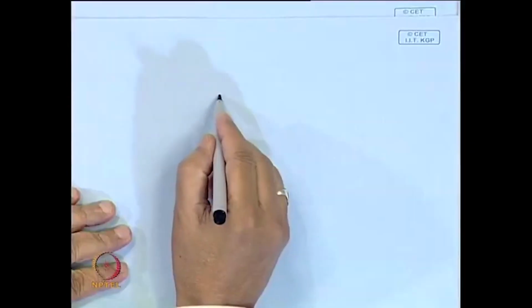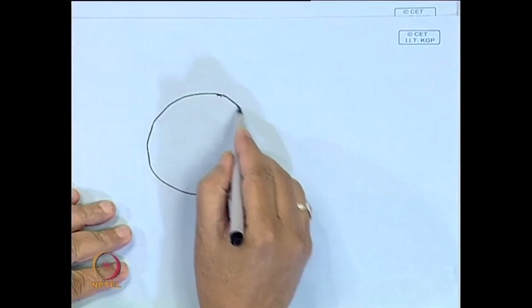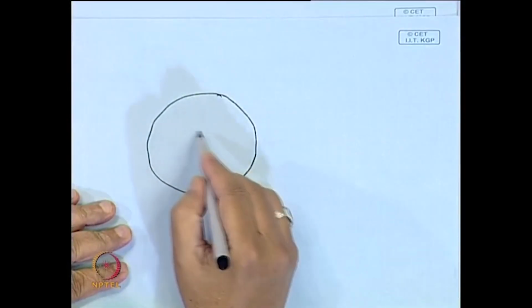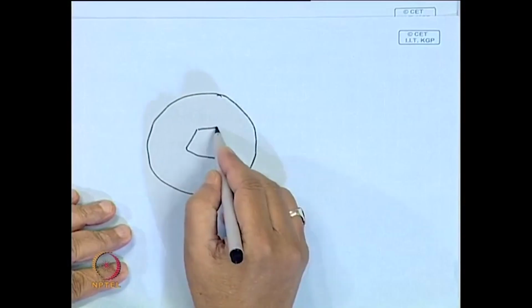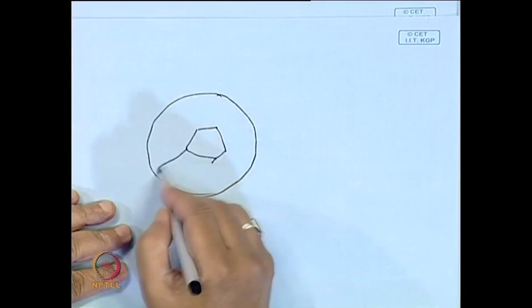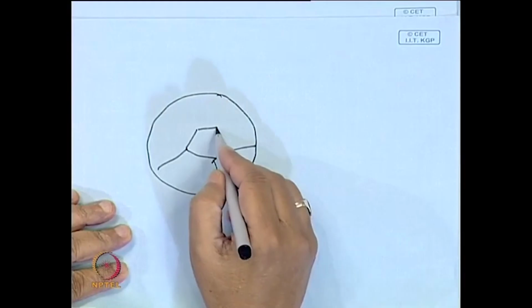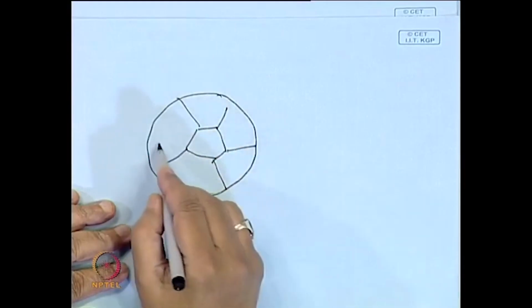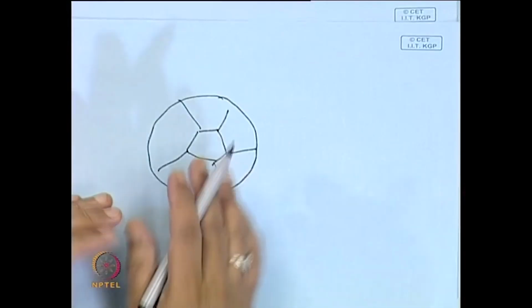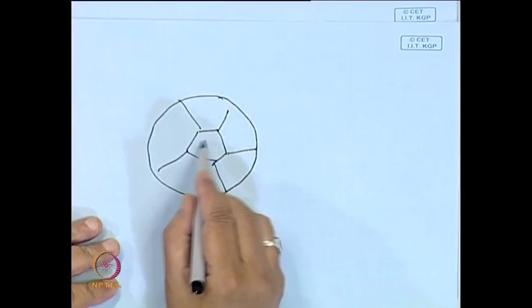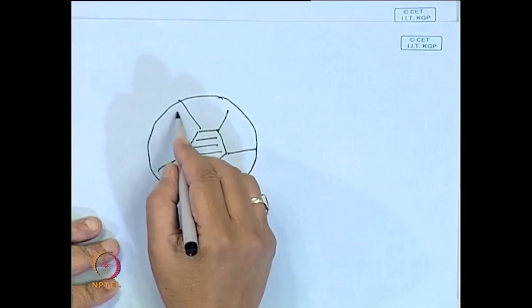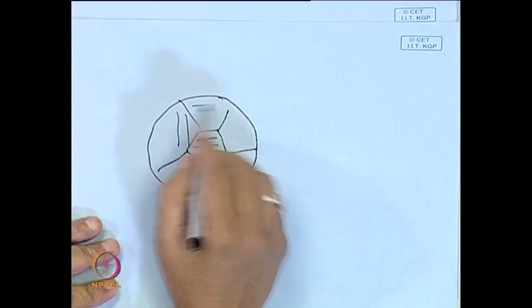Even before you subject it to deformation, you look at its microstructure, something like this, and you deform it, and then you will find that some line marks like this appear after deformation.